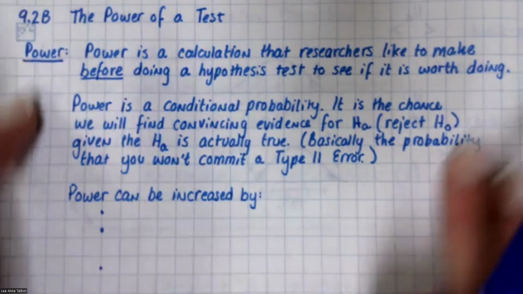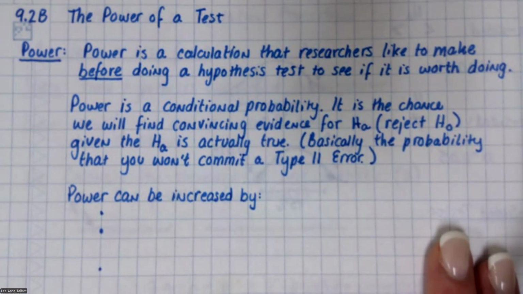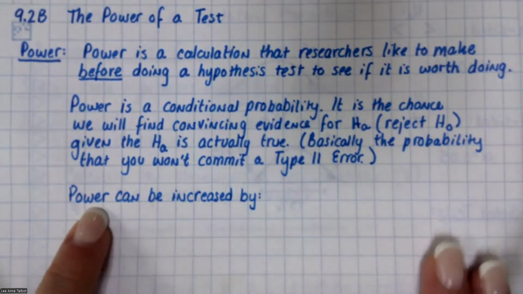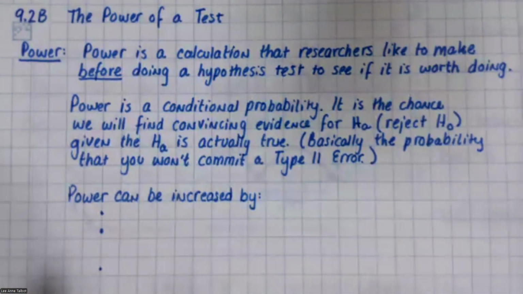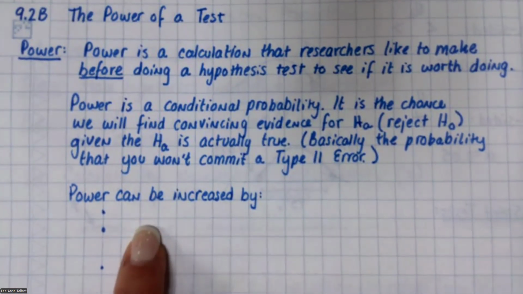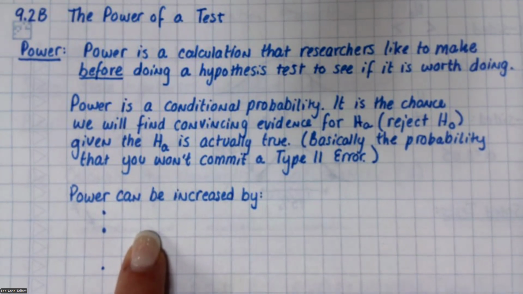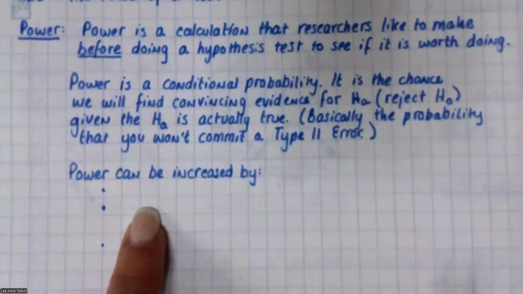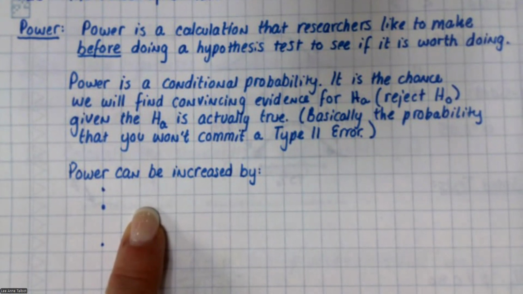I'm not going to teach you how to calculate it, but you do need to know what it is and how it can be increased. Now, I bet you guys can guess one of the ways that we could increase power because it's the answer for every single question in stats. What's a way that we could increase power? Just take a wild guess. Increase sample size.